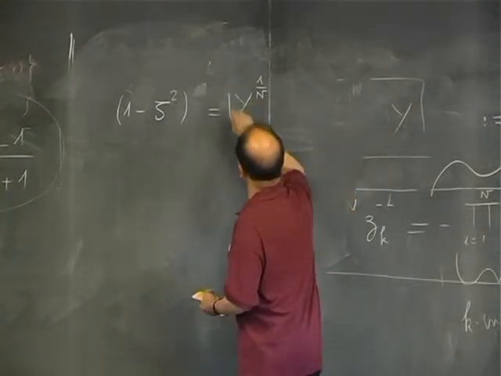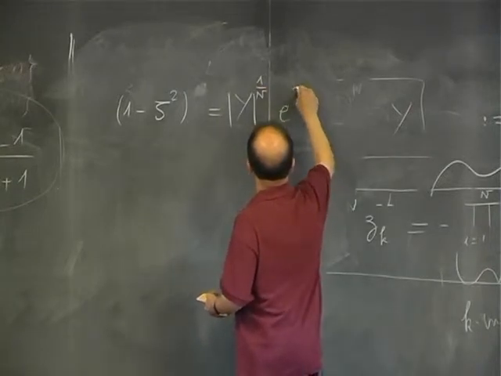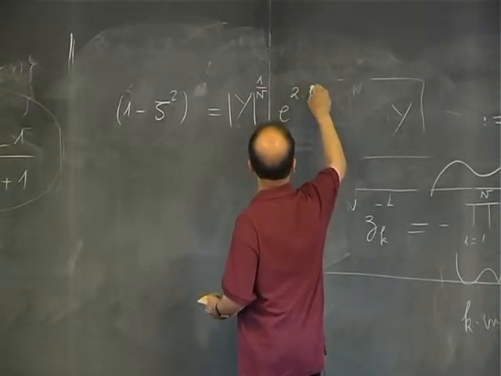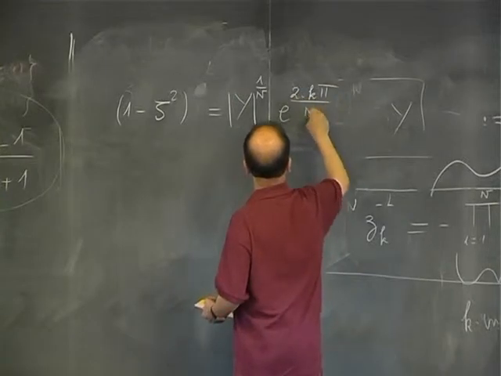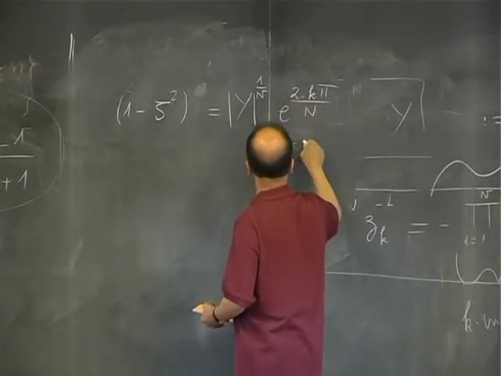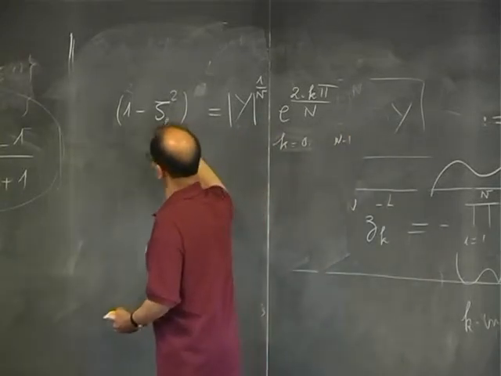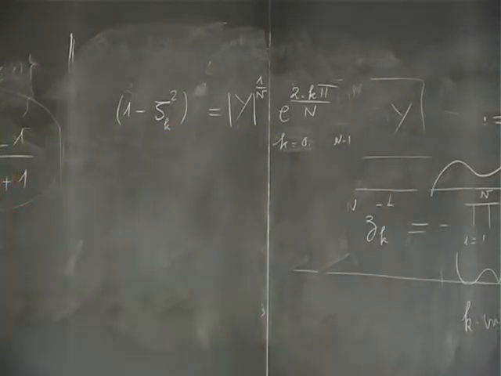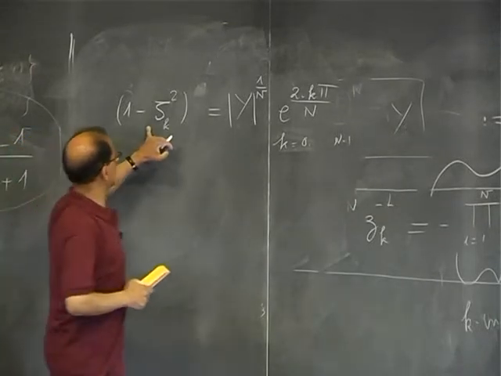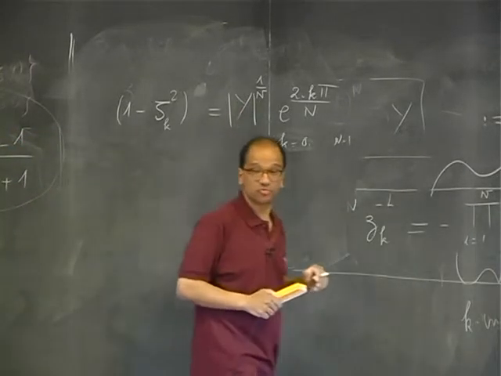I can write it like that. This will correspond to zeta k. So you know explicitly how to solve these equations. We just have to take zeta k is 1 minus this thing square root.